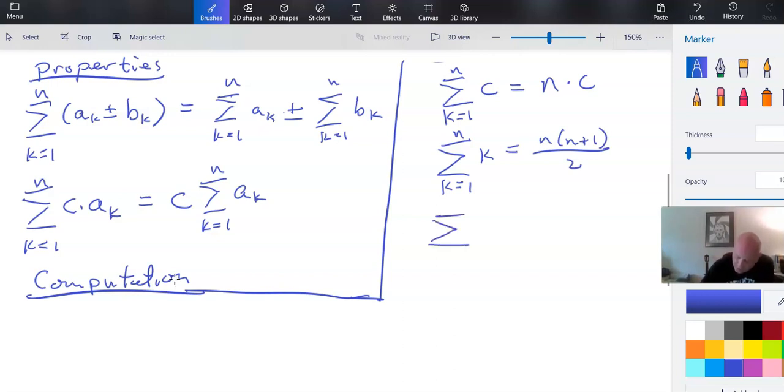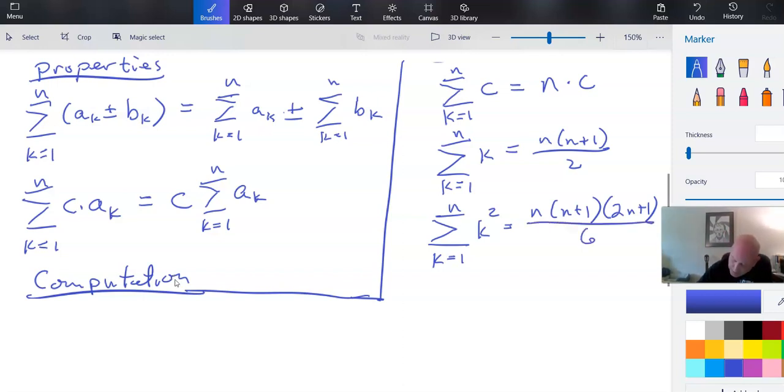Then there's also a formula for the sum of squares. And that formula is n times n plus 1. And then there's a third factor here, which is 2n plus 1. I remember this third factor because it's the sum of the first two. If I add n to n plus 1, I get 2n plus 1. That's how I remember it.